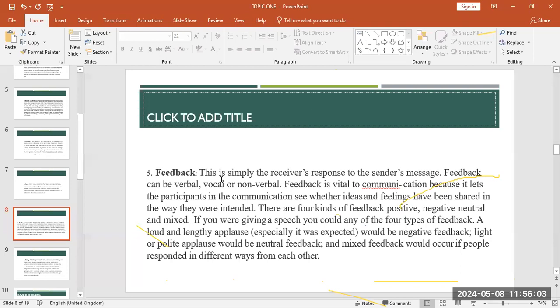That is delayed feedback. Feedback can also be immediate. If you meet someone and you're asking for direction to a certain place, they give you immediate feedback. They show you where you're supposed to go and what you're supposed to do to get there.